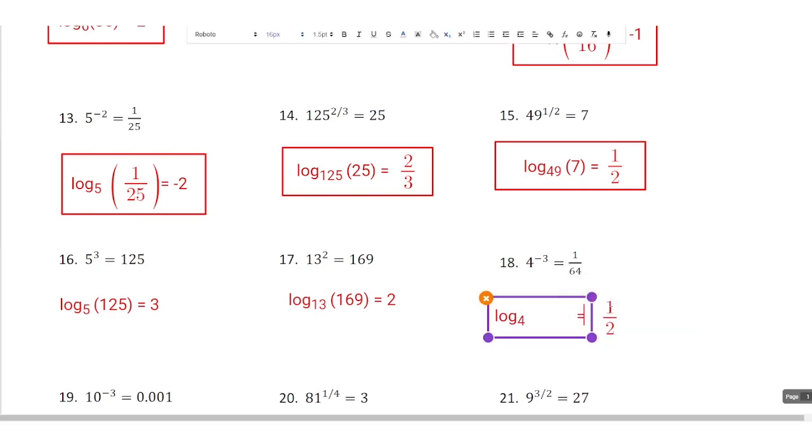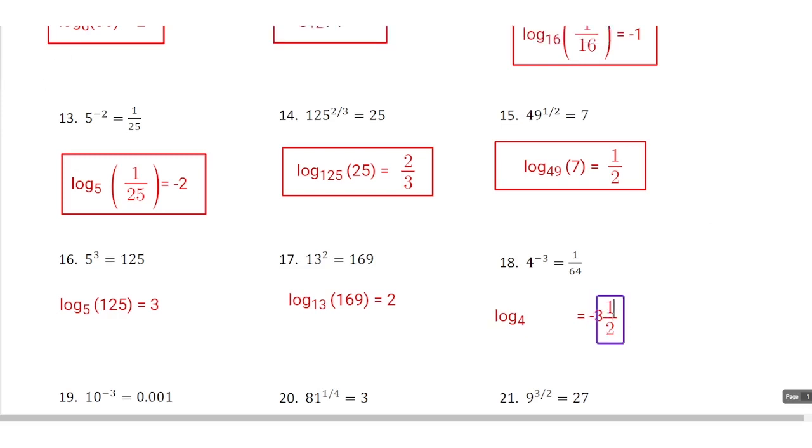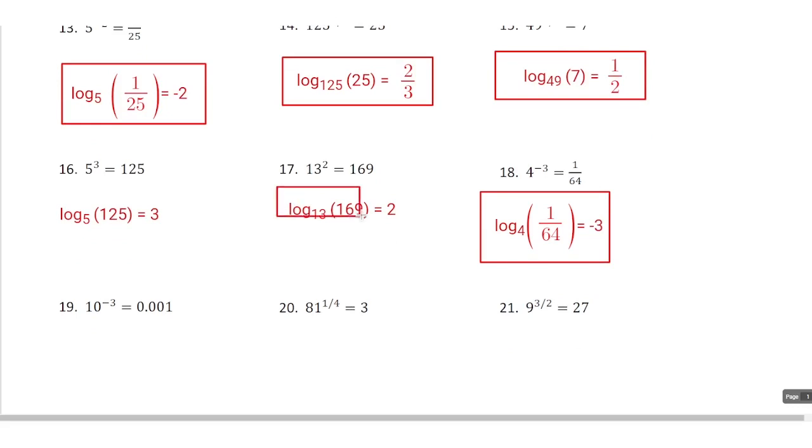And this is going to equal negative 3. So let's see if we can put that 1 over 64 over here. And our answer is going to look a lot better now. So log base 4 of 1 over 64 is negative 3, and that's because 4 to the negative third power is 1 over 64. And also, before I forget, let's put some boxes around these two answers over here.